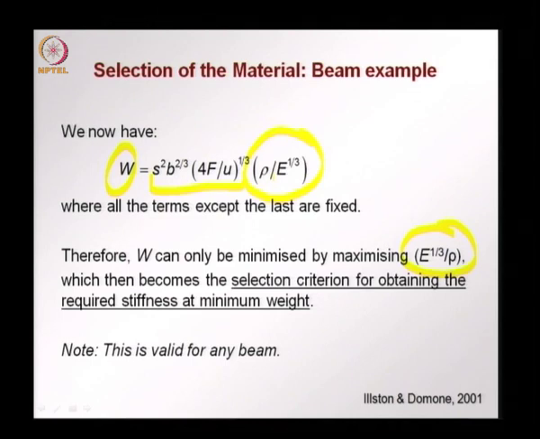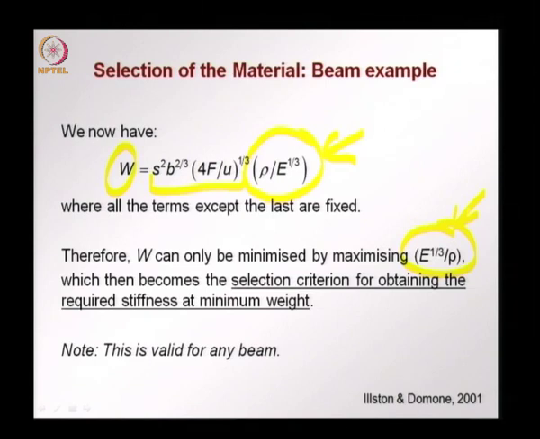So, the selection criterion for getting a beam with the least weight but with the required stiffness becomes dependent on the least value that we can get for rho divided by the cube root of E, or the maximum of E to the power of 1/3 divided by rho.